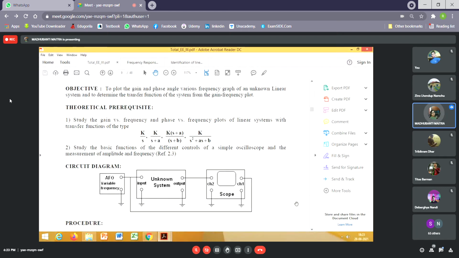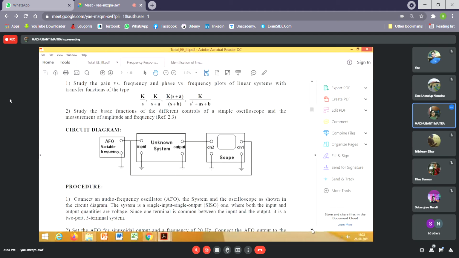Okay. Now this is the circuit diagram represented as a block diagram. Now this is A4. The full form of A4 is audio frequency oscillator. So with the help of this device, audio frequency oscillator, we can generate sinusoids of different amplitude and different frequency.